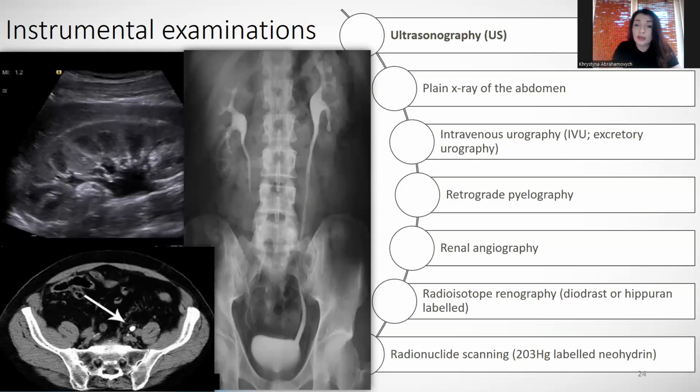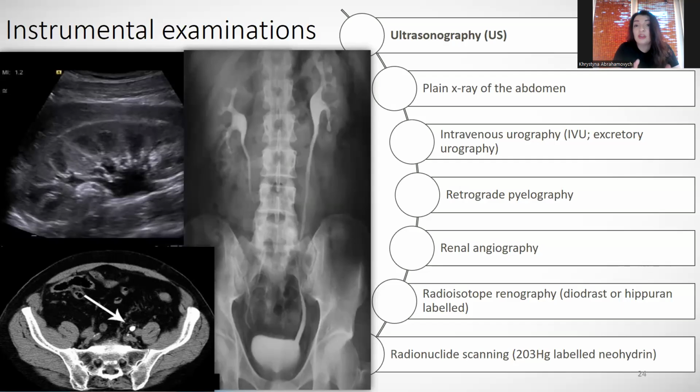Now, instrumental methods. So what options do we have here? In the first place is ultrasound. Ultrasound is, as always, an absolutely safe method of examination, easy to perform for the patient, not painful. And ultrasound can show us, first of all, possible accumulation of stones, cysts in the kidneys, the size of the kidneys, the size of the parenchyma, and other abnormalities.